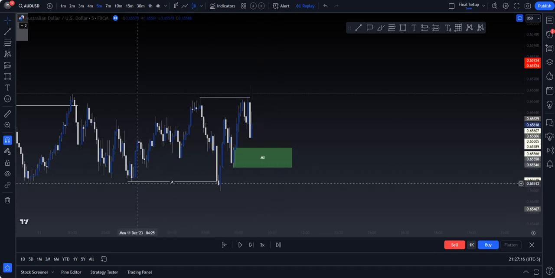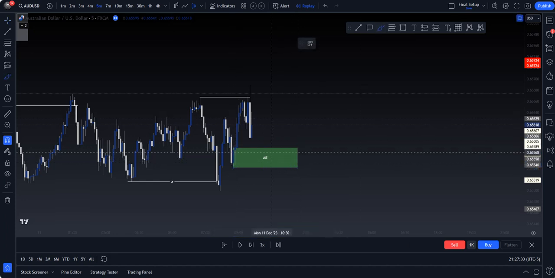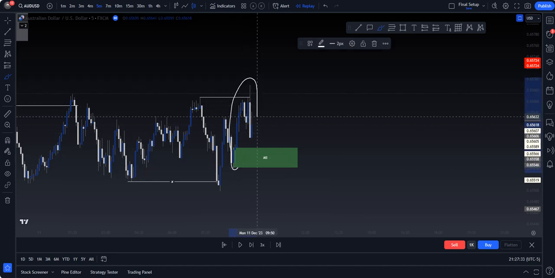However, if it is a sweep setup where you have a sweep and then the market comes back up and pierces that structure above, that now makes this order, I was about to say order block, this demand zone valid. And again, all we do is we find the impulse that broke structure and we find the base of that move, right?